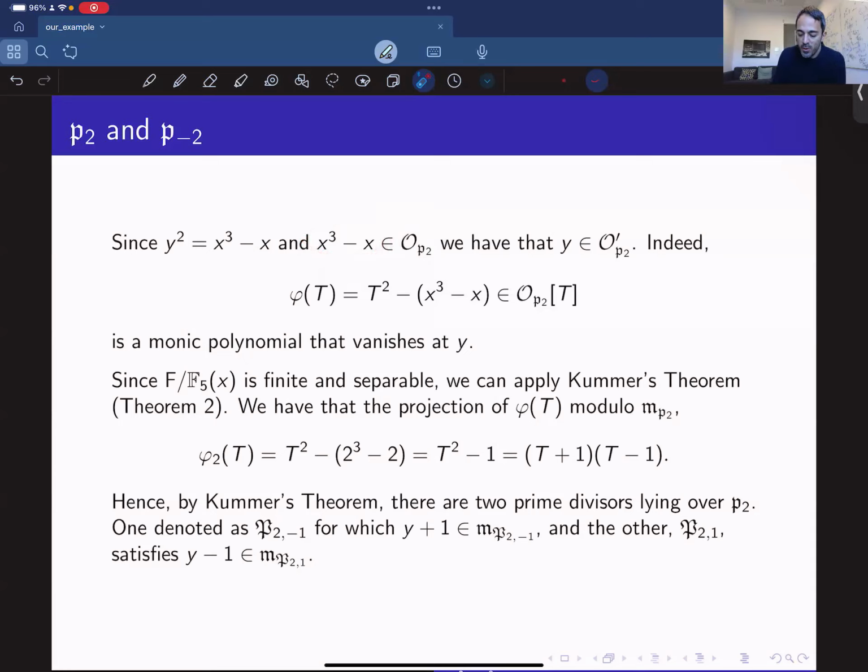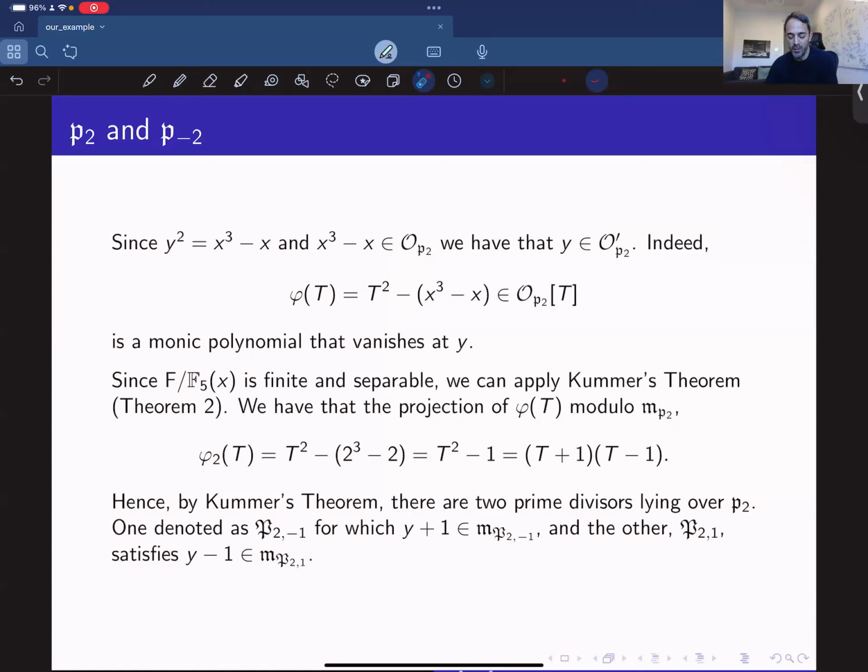And so what this tells you is that y is in this new ring O prime P2, right? Because you can consider this polynomial, t squared minus (x cubed minus x). You see it's a monic polynomial, and the coefficients are in OP2. So this means that y is an integral element over OP2, which puts it in O prime P2.